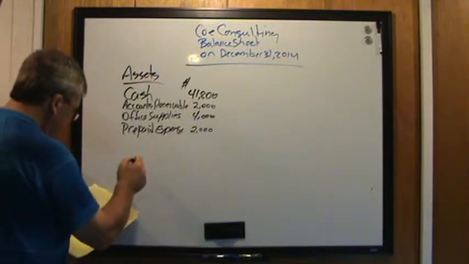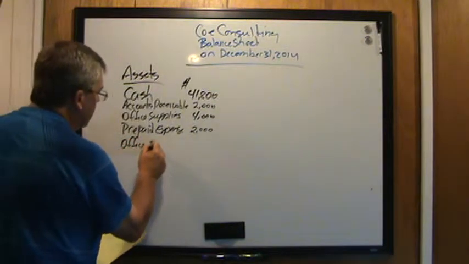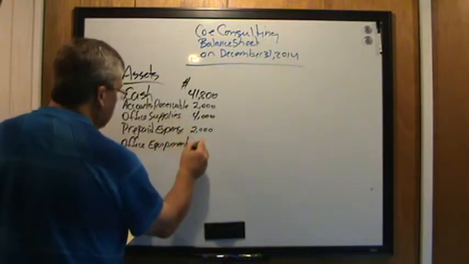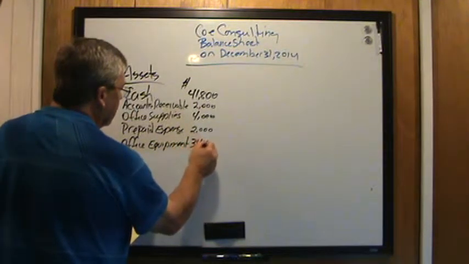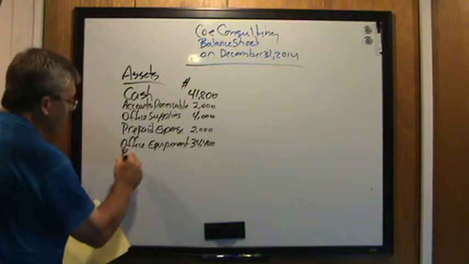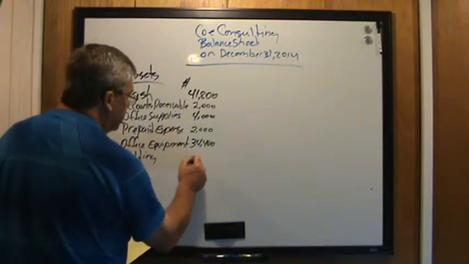The non-current assets are office equipment, and we had $34,400 in that category. And finally, the building, $240,000.